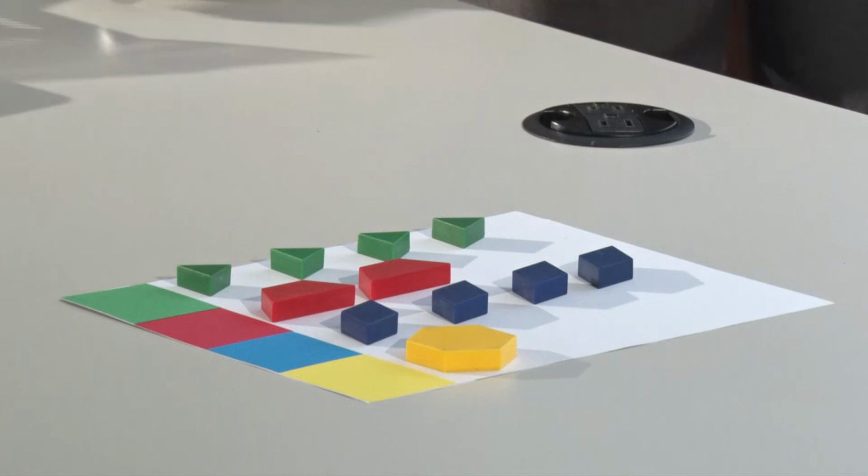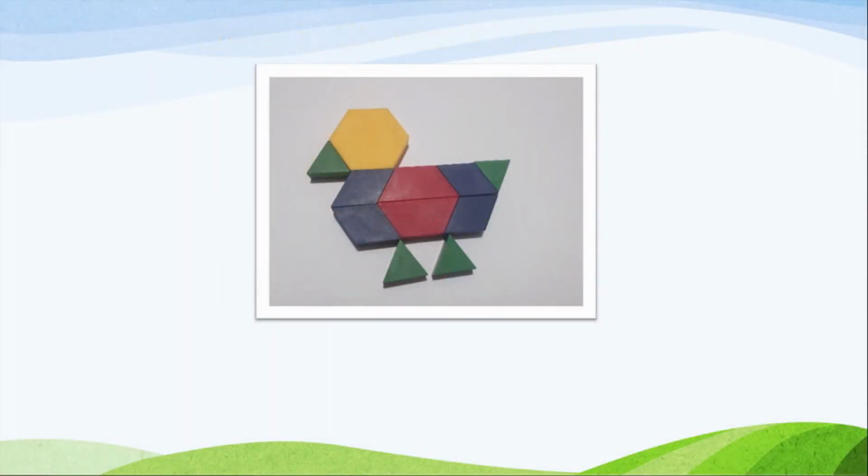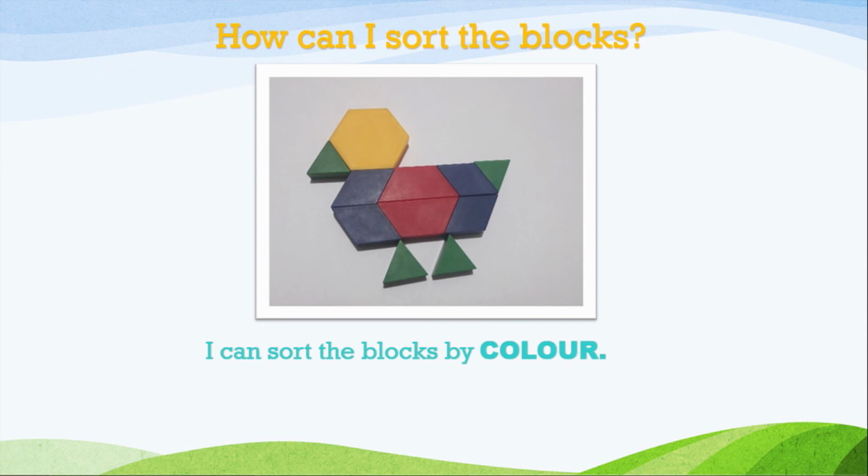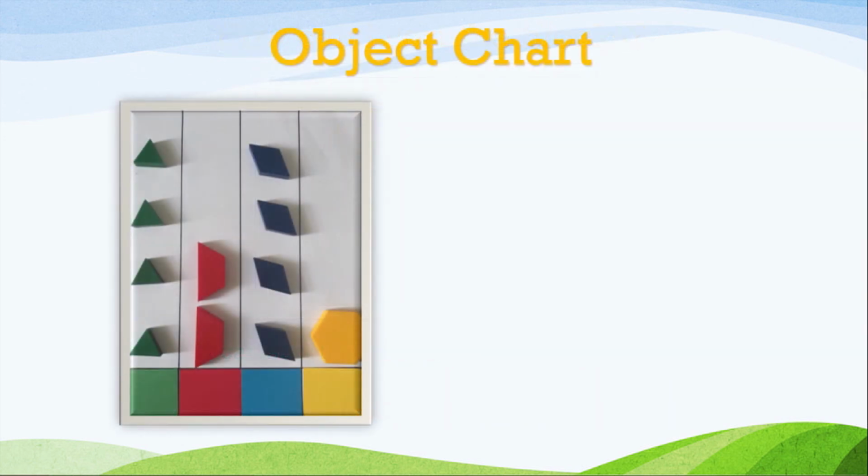Let's go to the PowerPoint. So how can I sort these blocks? I sort them by color: green, red, blue, and yellow. So here's an image of our object chart. We can now answer questions based on our object chart.